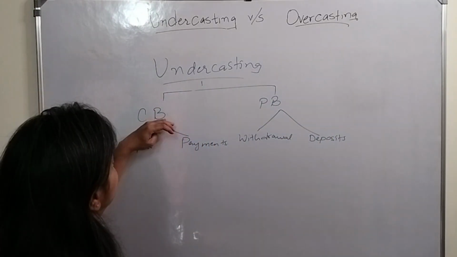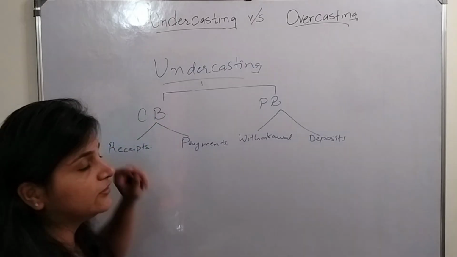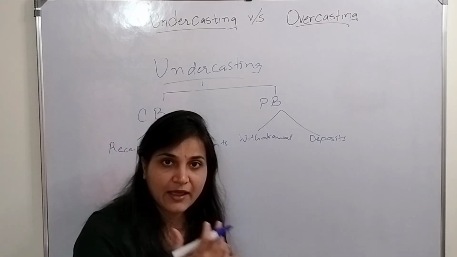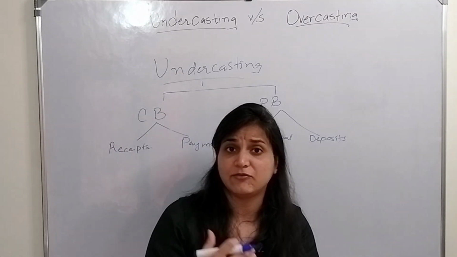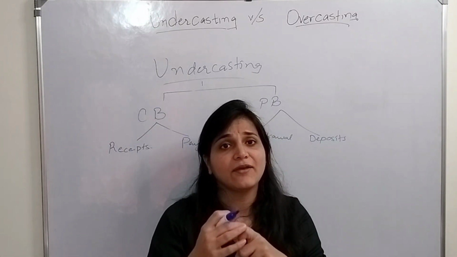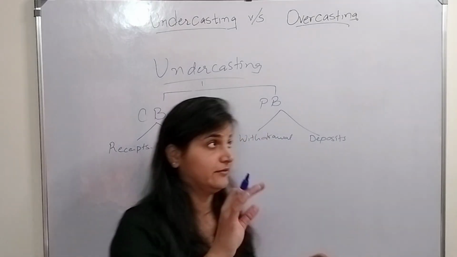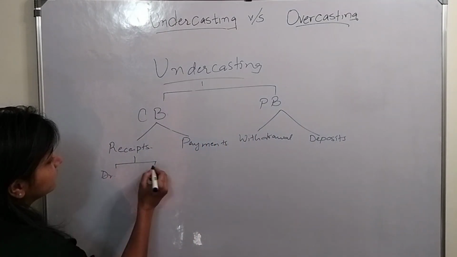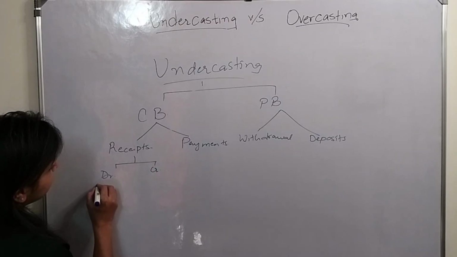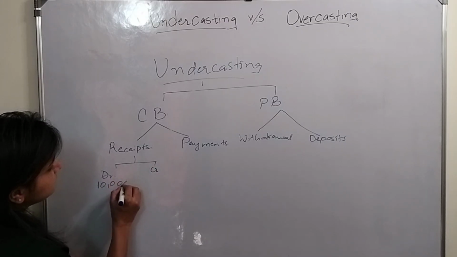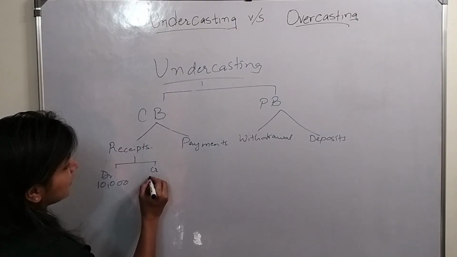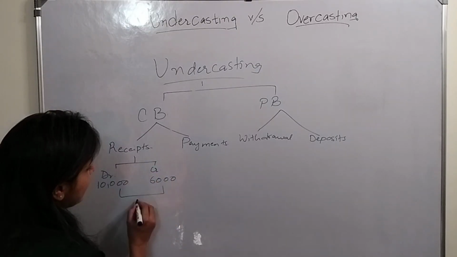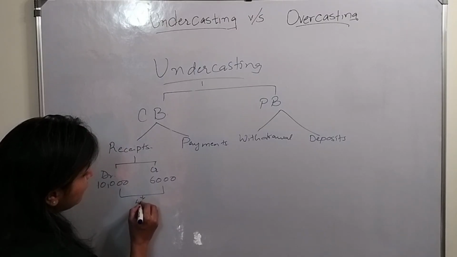Now when I say undercasting on the receipt side of the cash book, that means when I was calculating, there was an error wherein I have calculated a lesser amount on the receipt side. Let's say receipt side is debit side, and payment is credit side. Receipt side, the total was 10,000. On credit side, let's say it was 6,000. So I am having a debit balance of 4,000.